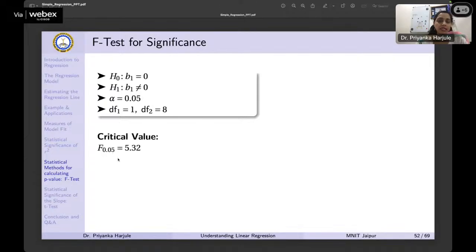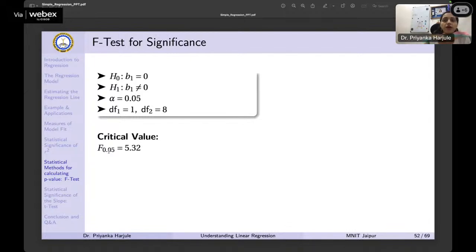So we are choosing the significance level to be 0.05. That is the value for which we look at the F value in the probability F distribution table, and this is the threshold that we set for the obtained value.